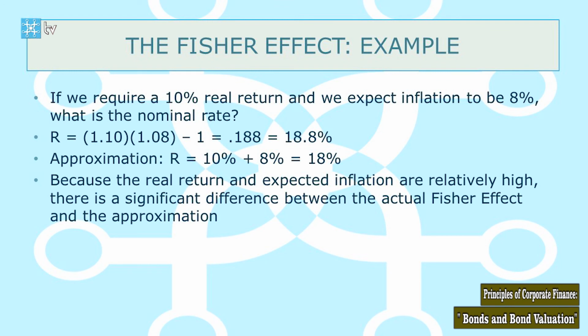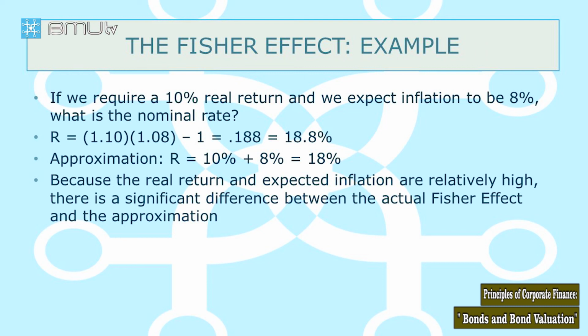If we require a 10% real return and we expect inflation to be 8%, what's the nominal rate? Apply our formula. We have the real return, putting everything into our formula, we get 18.8%. That is, you should have an 18.8% nominal rate, and if the inflation is 8%, the real rate will be 10%.